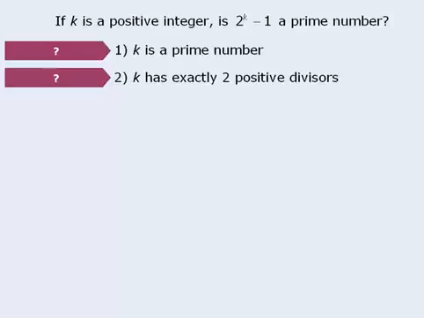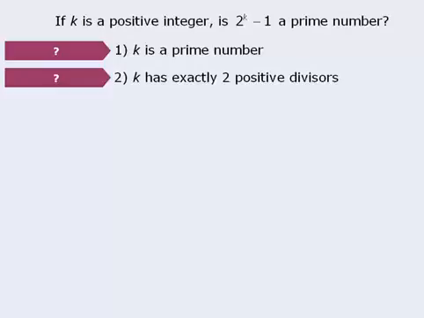However, notice that statement 1 and statement 2 provide the same information. Statement 1 tells us that k is a prime number, and statement 2 tells us that k has exactly 2 positive divisors. Well, if a number has exactly 2 positive divisors, then that number must be prime.